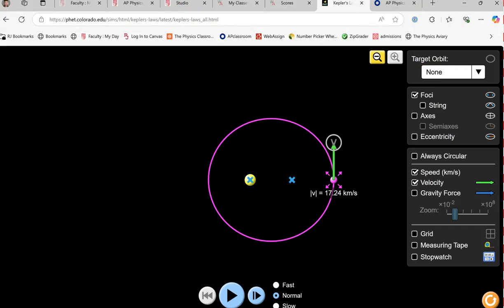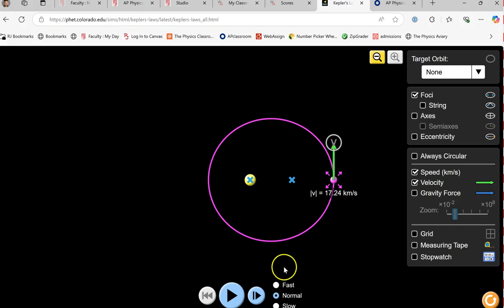So let's take a look at what we mean here. This is an example of an elliptical orbit. When we have an ellipse, remember we have two focus points. That's how an ellipse works. Whatever the source of gravity is, in this case the sun, is always at one of those. So we have the sun there, and then just an empty one.